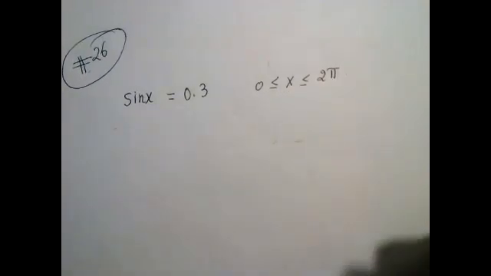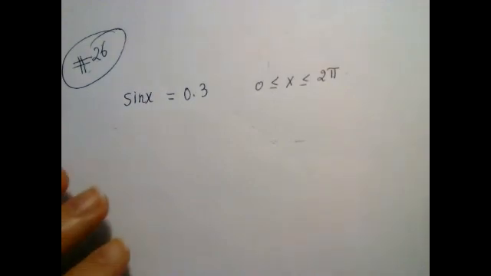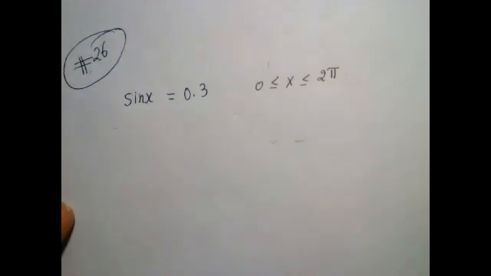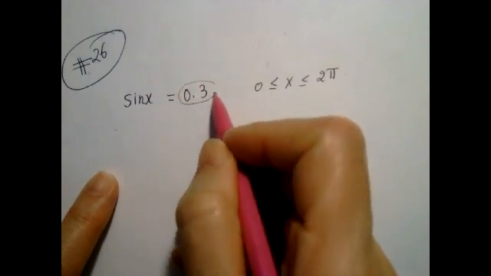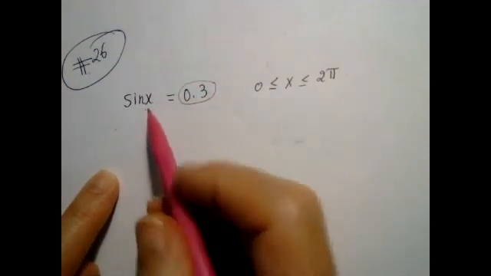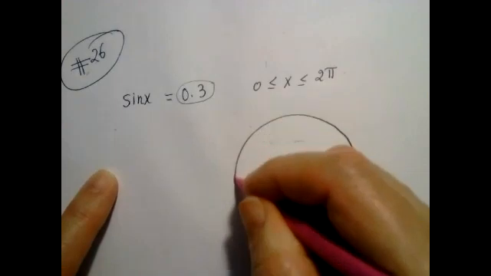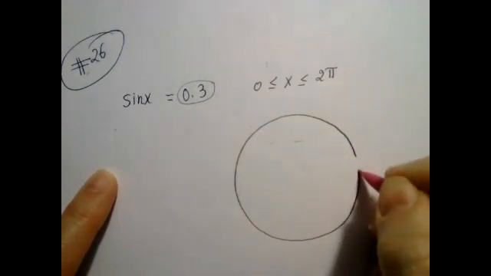All right, so the first part, I want you to solve them using the unit circle and the symmetry on the unit circle. So what I mean by that, which I've done several times, is I'm looking for an angle whose sine is 0.3. So I go to my circle, that's my famous unit circle.